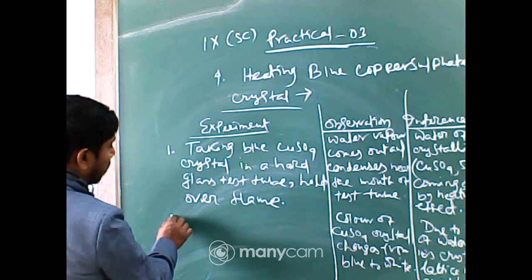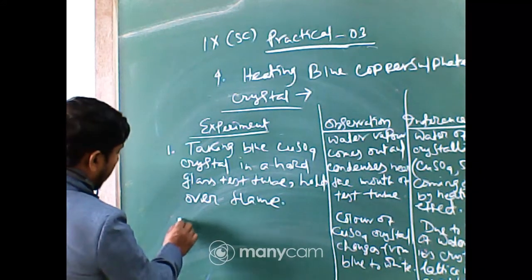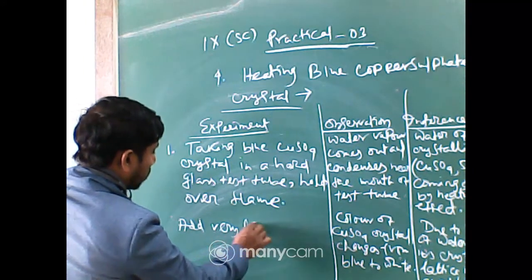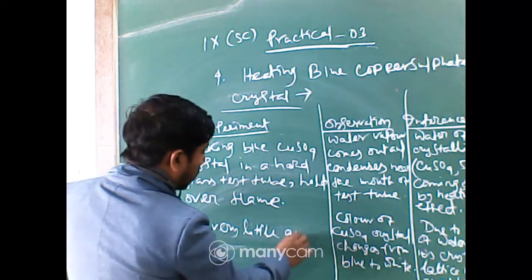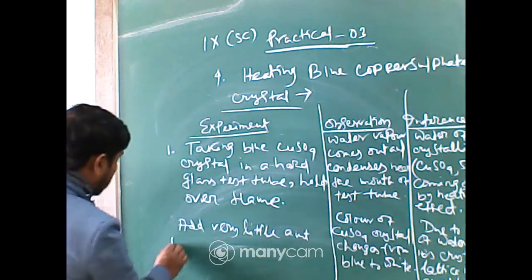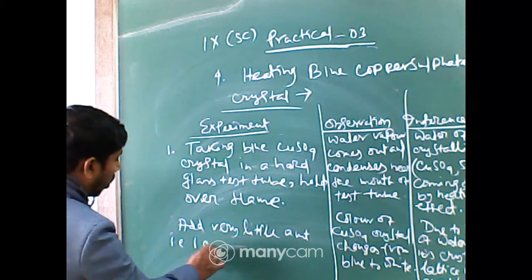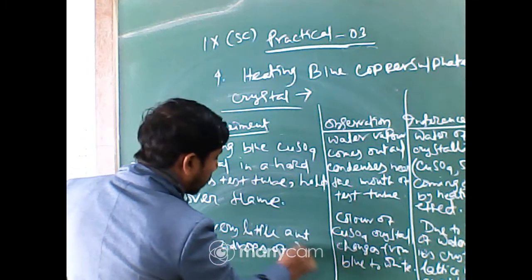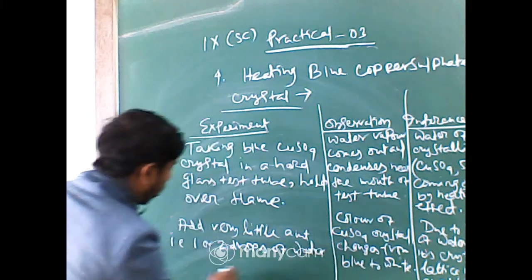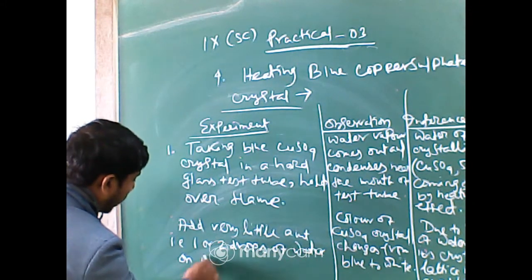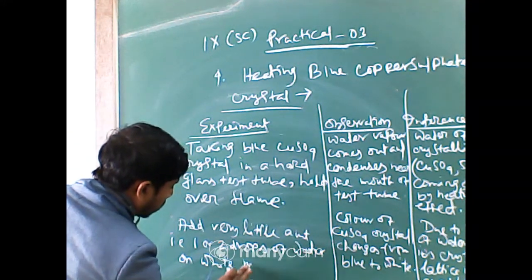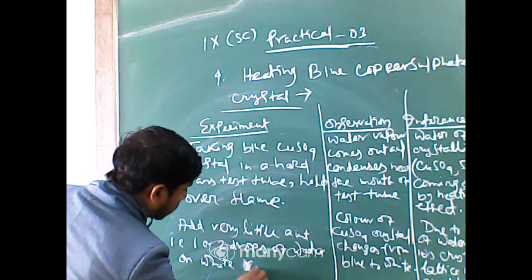Now next one, that is the next stage: add a very little amount, that is 1 or 2 drops of water, on the white mass, on the white copper sulfate.